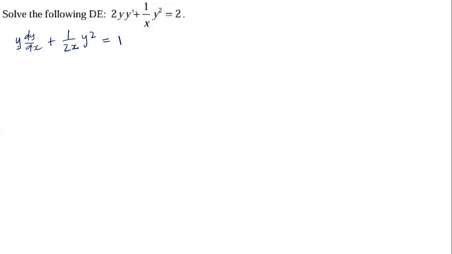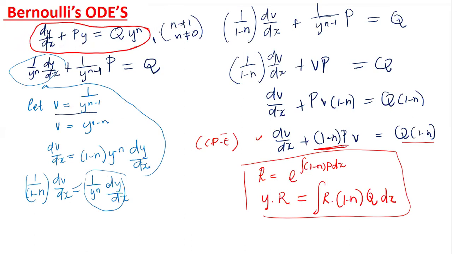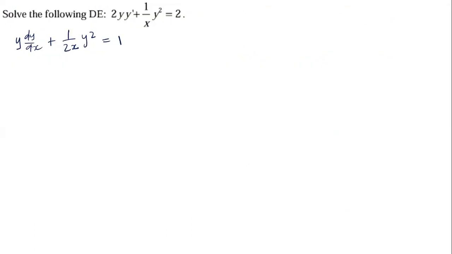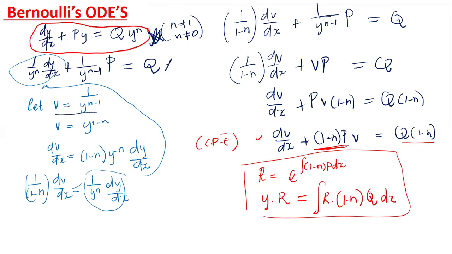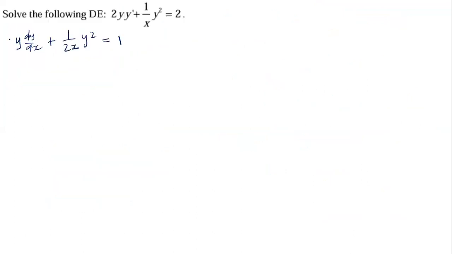If you divide both sides by 2y, it's going to lead you here. But because I decided to divide both sides by only 2, it led me to this standard form. Because eventually, if I divide both sides by 2y, it's going to take me to the standard form of Bernoulli.